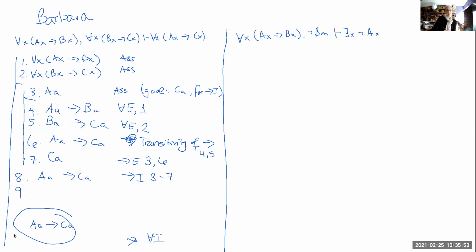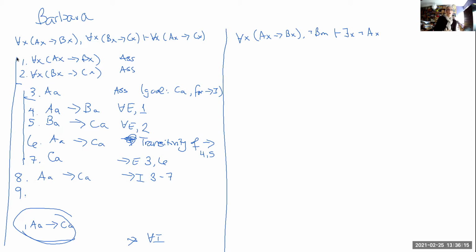Now, we did this so that we would get something that looks like this, so that we could apply universal instantiation. So what we need to check before we do that is, does A, the constant that we're going to be generalizing on, occur in any of the assumptions that line 8 depends on?